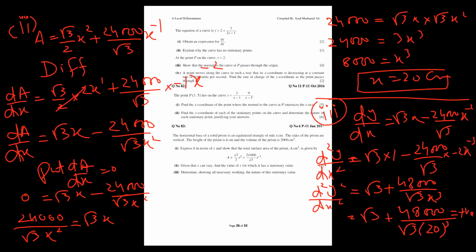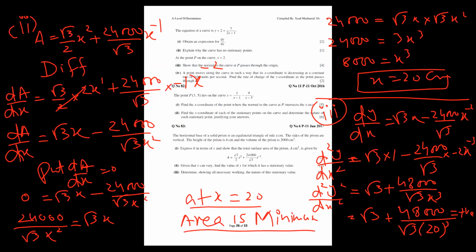So 100% we can say that at x equal to 20 the area is minimum. I think this sentence is not compulsory; just write minimum, or write area is minimum. So that is why. I think the question is completely done. That's it.